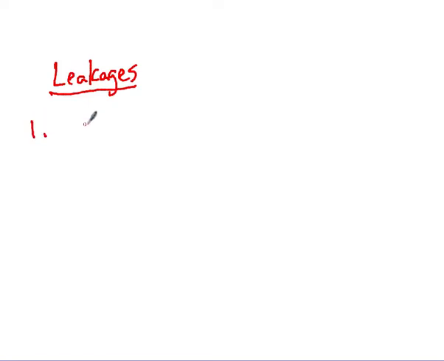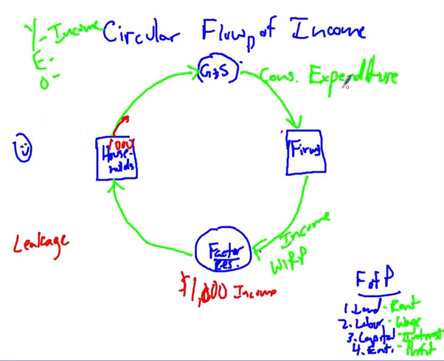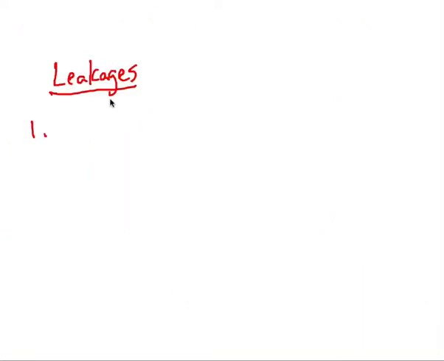So the first leakage, we're going to toggle back and forth here. What do you have to do with some of your money? One thing you have to do, or you go to jail, is pay your taxes. So some of the money gets taken out of the circular flow of income, to be paid off in taxes.